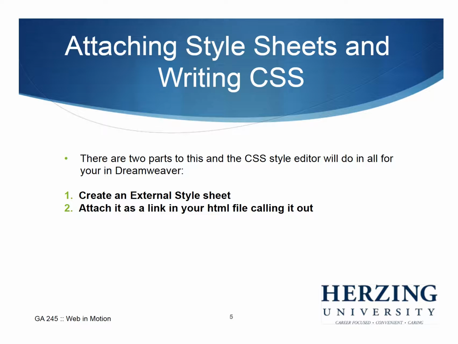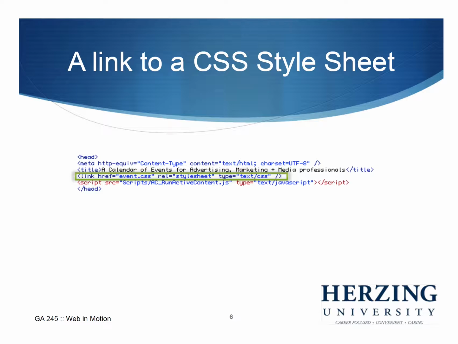Attaching style sheets and writing CSS. There are two parts to this, and the CSS style editor will do it for you all in Dreamweaver. Create an external style sheet, attach it as a link in your HTML file, calling it out. So here you see this on the screen, and you can see that there is a link to your external style sheet, and it's just a link with an href to the file.